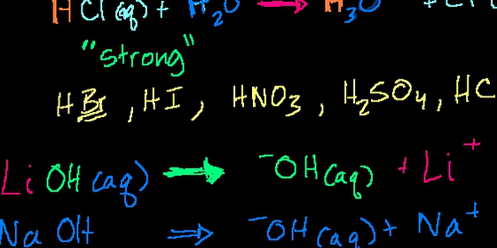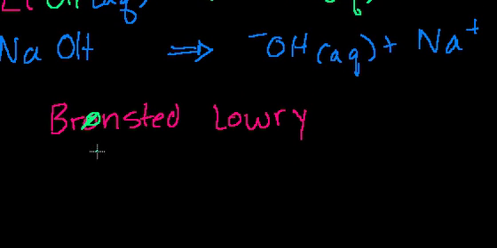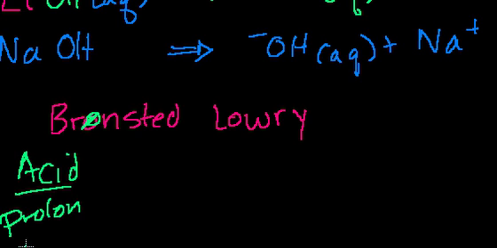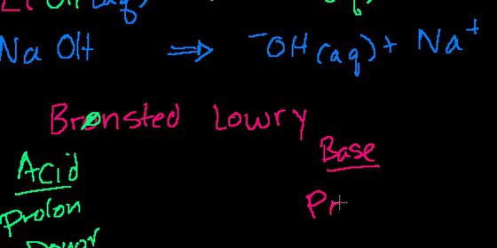And all of these would also be Bronsted-Lowry acids. But the broadening of the definition is that an acid is a proton donor, and a base is a proton acceptor.